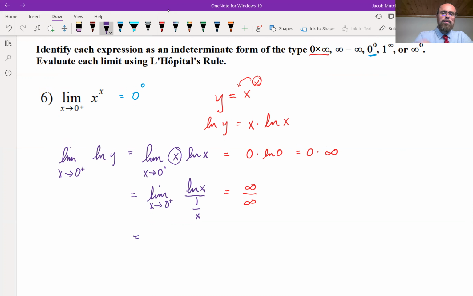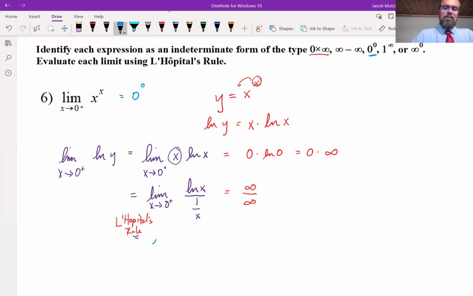So I'll write equals, and then I'll write L'Hopital's. Again, that just announces, hey, we're using this rule because we've found that it meets the criteria. It's one of the 2 indeterminate forms. So I'm going to take the derivative of numerator and denominator.